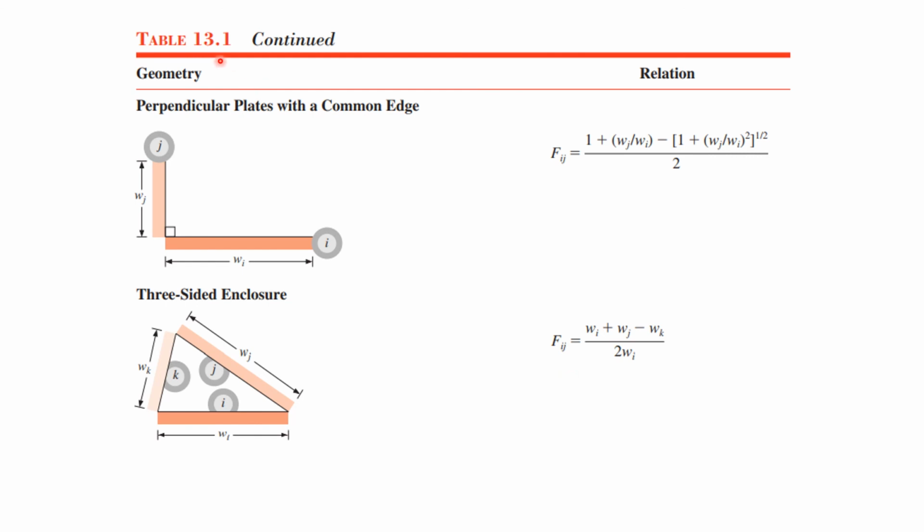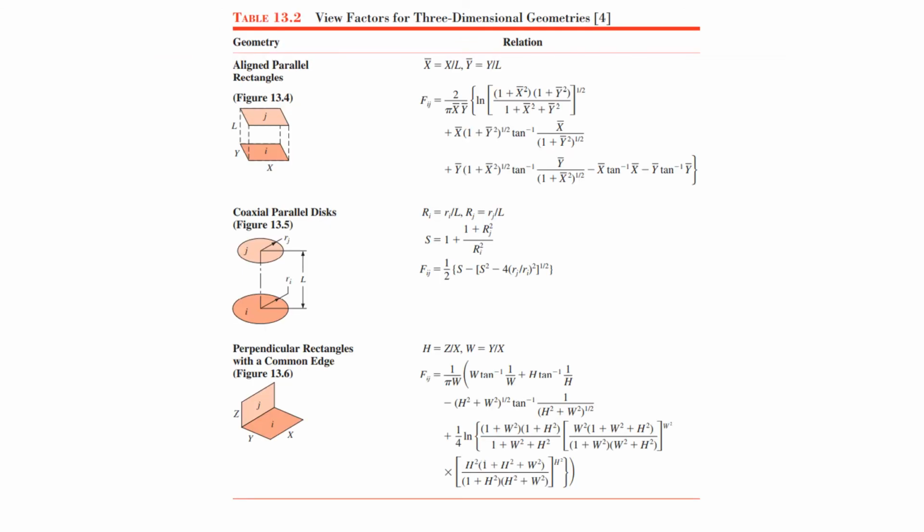So make sure that you go to table 13.1 and go through these view factors once. And remember that these view factors in table 13.1 were for a 2D scenario. For a 3D scenario, they've given you a different set of view factors, which is given in table 13.2.